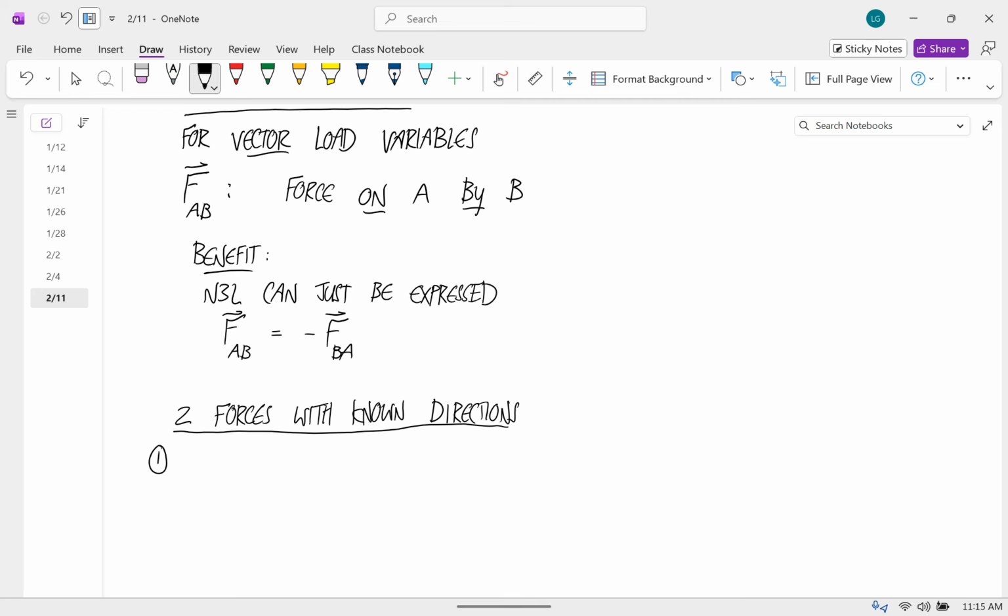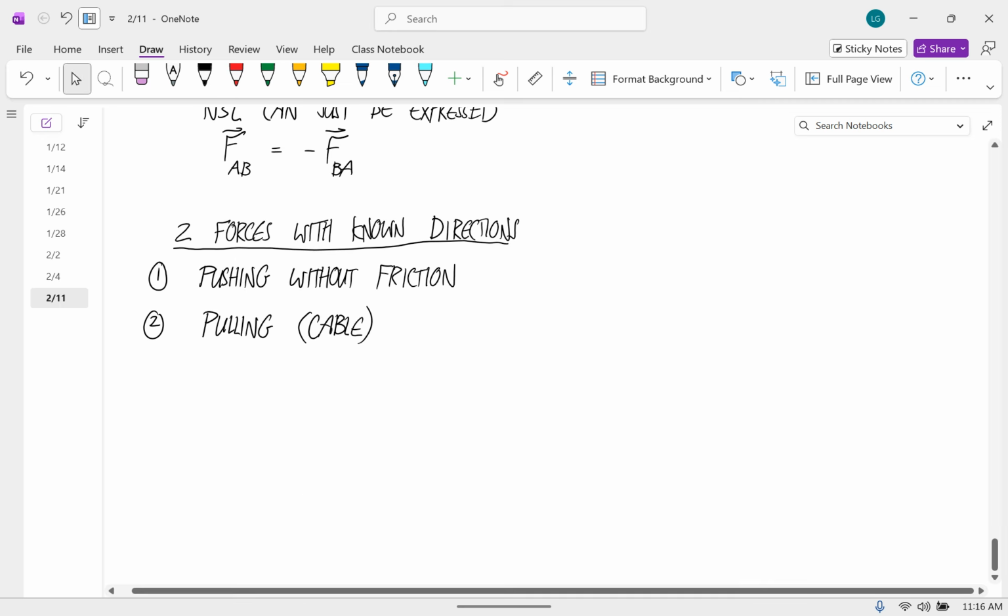We'll do more with these coming up, but the first one is pushing without friction. And the second one is pulling. And you can think of that as like a pulling being applied by a cable. So whenever you see frictionless pushing or you see pulling, those are going to be represented as known direction forces.